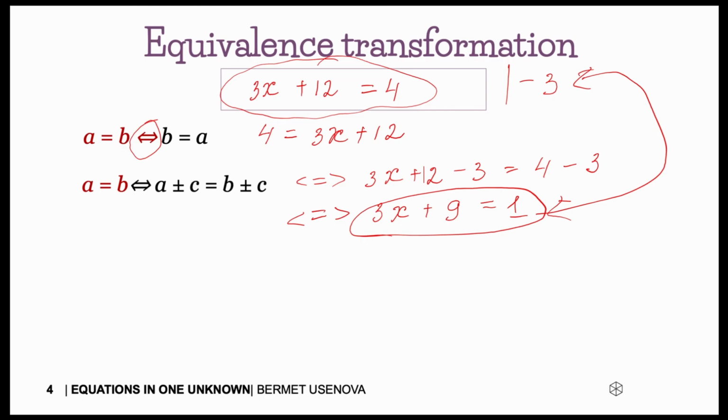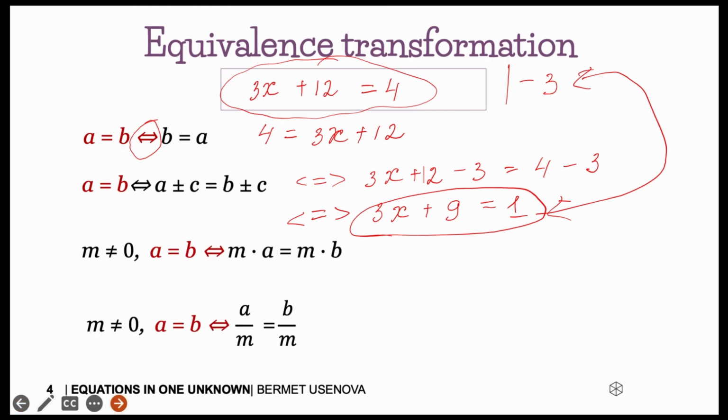The third transformation is multiplying or dividing both sides of an equation by a non-zero number. Same, we take our equation 3x plus 12 equals 4, and we decide to divide by 3 both sides. This is very important, both sides.